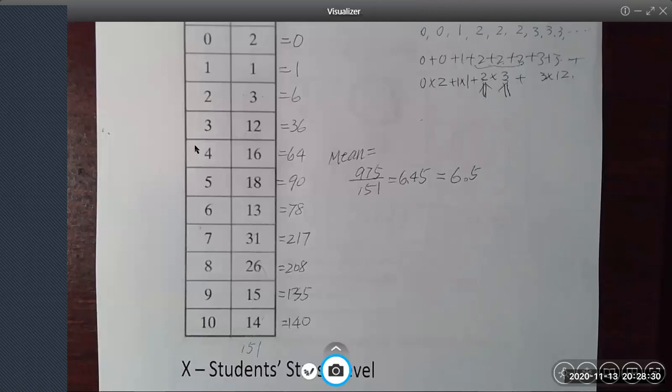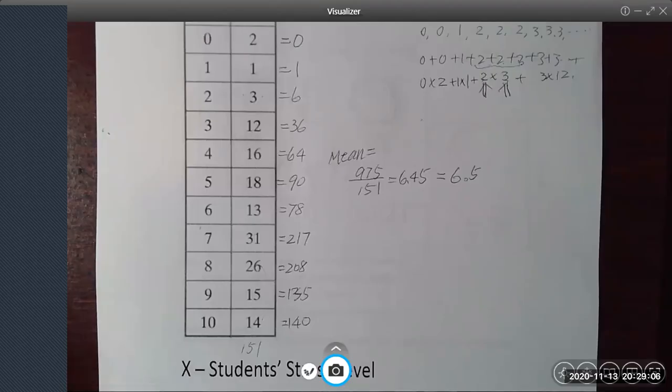Okay, I'm going to input these numbers. 0, 1, 2, 3, 4, 5, 6, 7, 8, 9, 10. Now the frequencies: 2, 1, 3, 12, 16, 18, 13, 31, 26, 15, and 14.